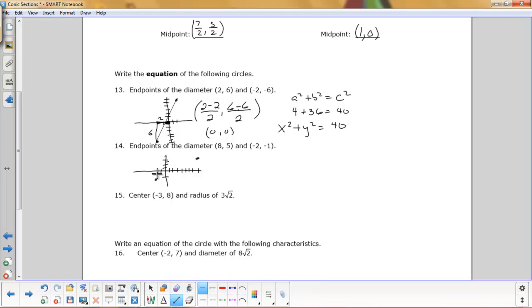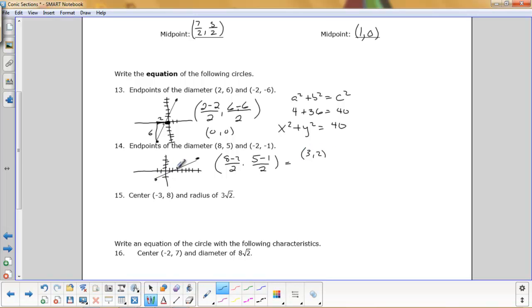So again, I'm looking at that as the diameter of my circle, and I'm going to figure out where my center point is by averaging these two numbers. So that's 8 minus 2 divided by 2, and 5 minus 1 divided by 2. That gives me my center point, which in this case is (3, 2).